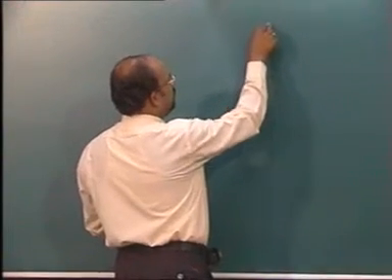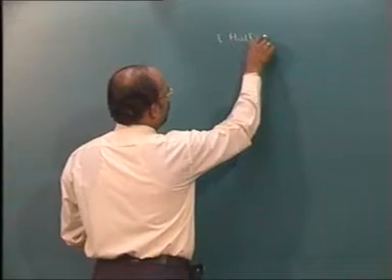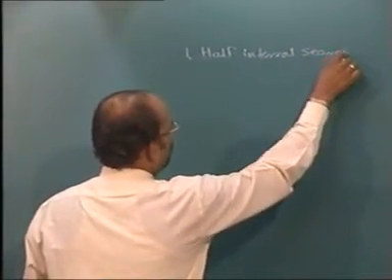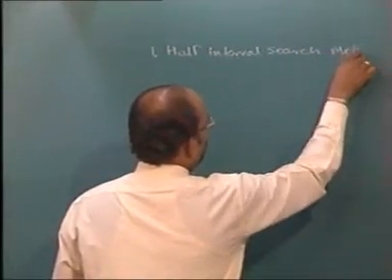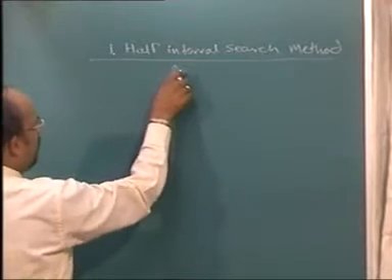The first method is called the half interval search method, also called the bisection method.